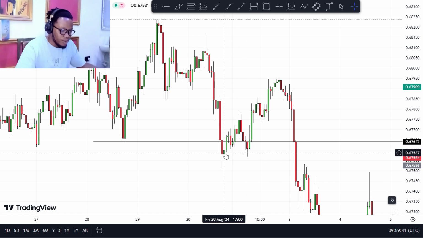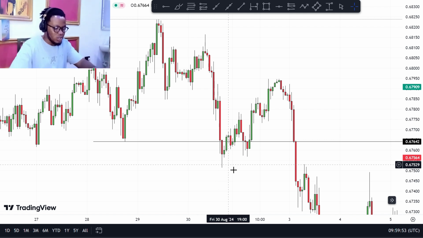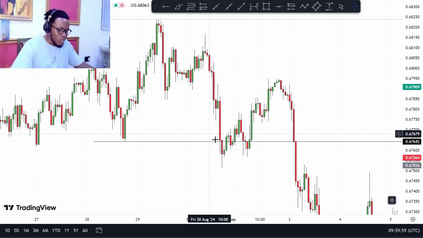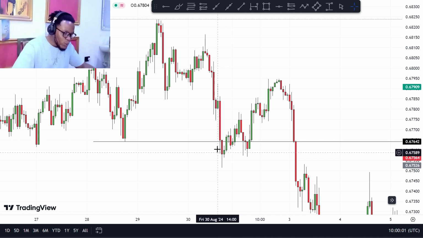I would just say this is just a liquidity sweep. If it was only the shadow that just popped below this line here, I would have said it's a liquidity sweep. But right here we have a candle closing below it.